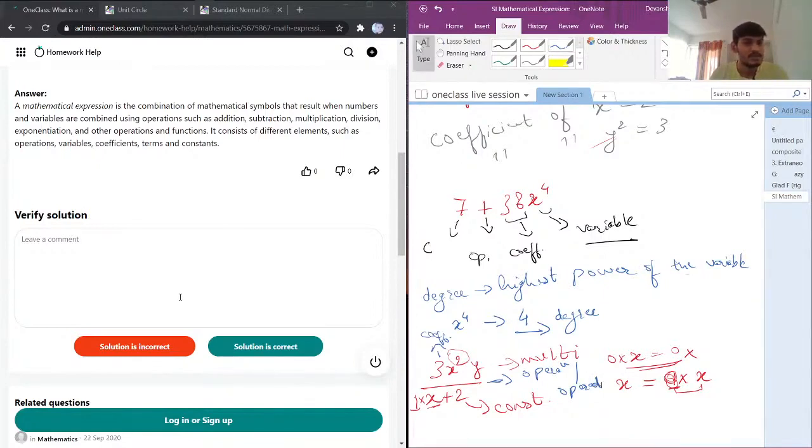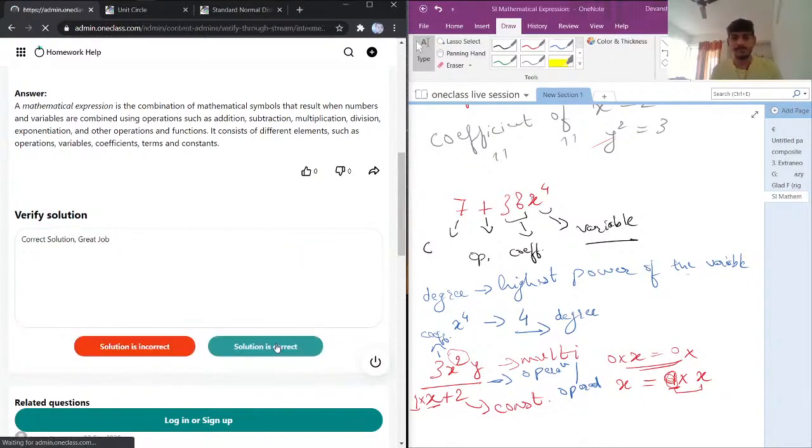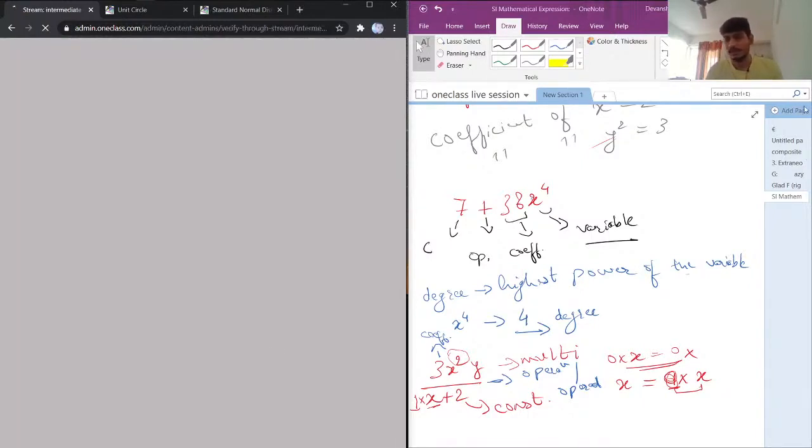It also consists of exponential. So this solution is good. Correct. Great job. Solution is correct. Let me go to the sixth question.